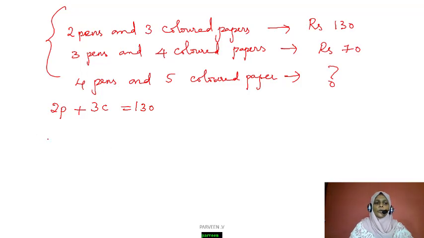Same way, when we have 3 pens, I had to give 3P plus 4C. The total cost was 70. So in solving these equations, I can find out how much 4 pens and 5 colored papers would cost you. So this is a simple example where we can use linear equations in two variables in real life.